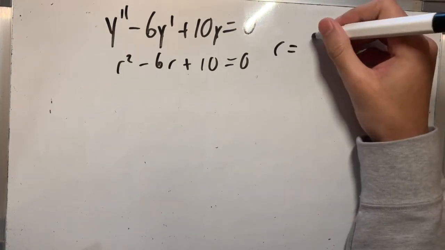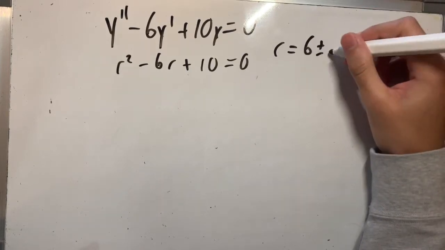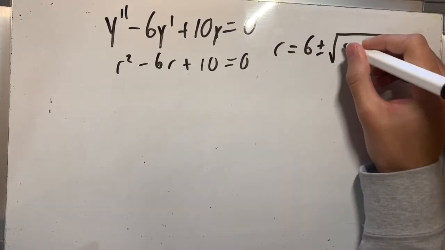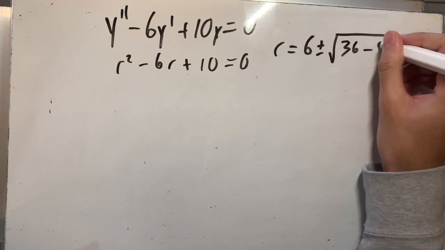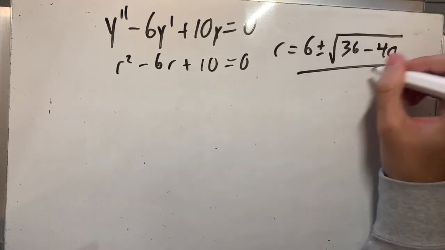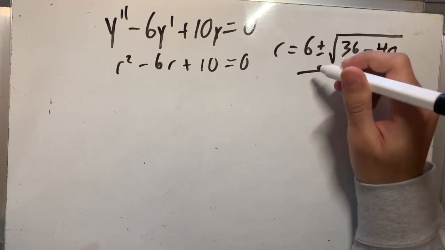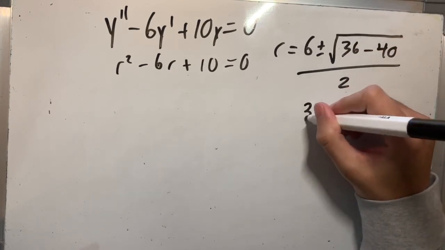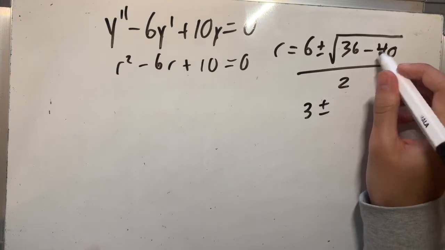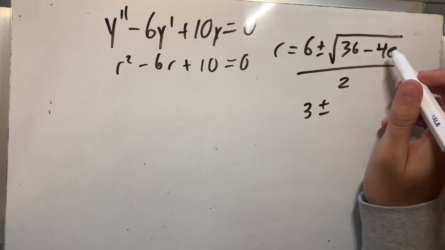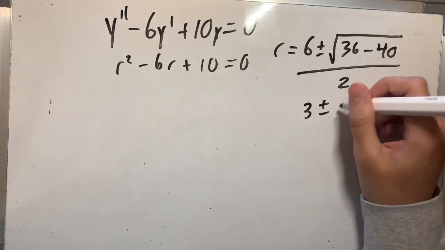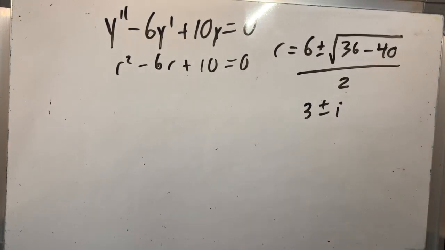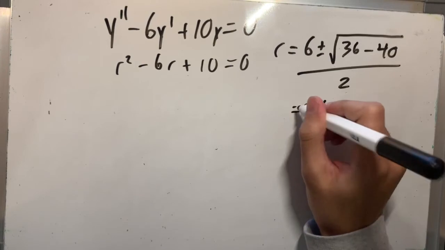It's equal to 6 plus or minus the square root of 6 squared, 36, minus 4 times 10, 40, all over 2. 6 over 2 is 3, plus or minus, 36 minus 40 is negative 4. The square root of negative 4 is 2i. 2i over 2 is i. That's what r is equal to.